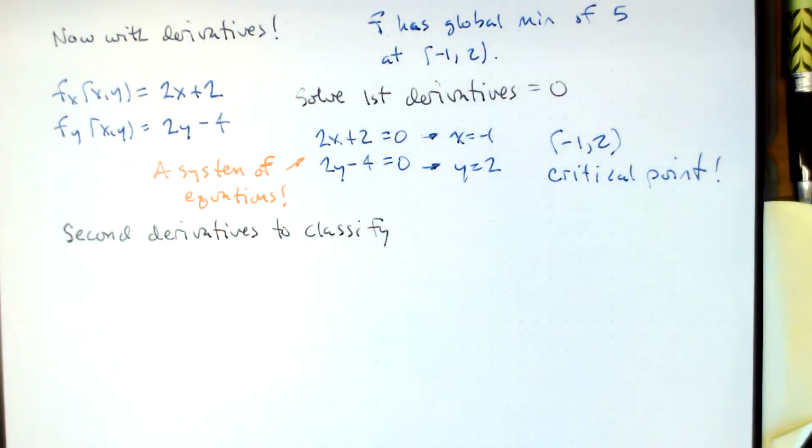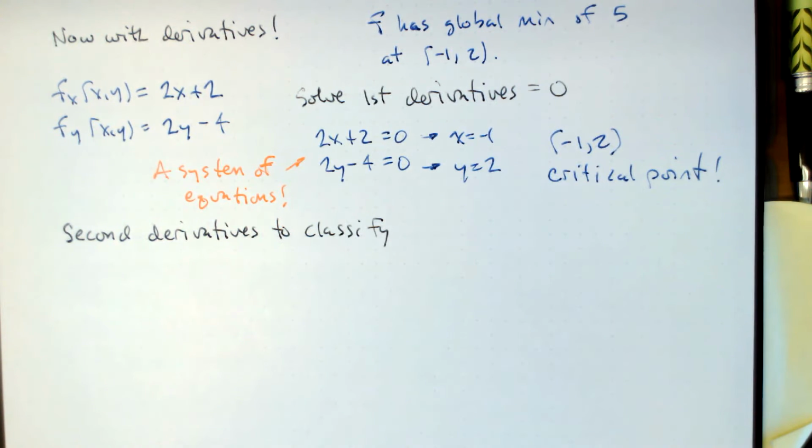Like in the previous problem, we took the second derivative, plugged in the point that we care about, and saw that the second derivative was positive, which made us think concave up, which made us think local minimum. The difference now is that we don't have a second derivative. We've got two first derivatives, and each of those first derivatives will have two derivatives.